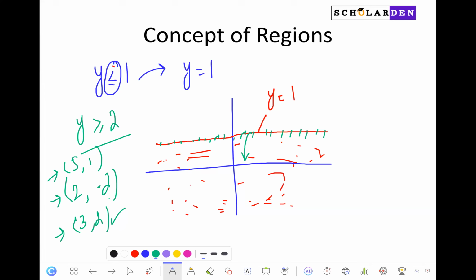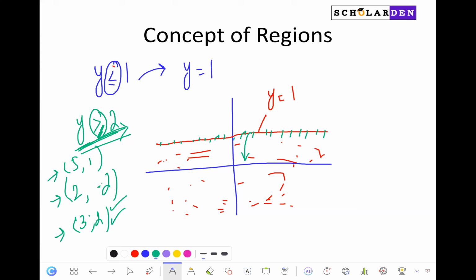Why? Because this has a y coordinate of -2, strictly less than 2. This has a y coordinate of 1, again less than 2. And this has a y coordinate of 2. It is equal to 2, and our condition says that any y coordinate which is either greater than 2 or equal to 2 is valid. So this point is a valid part of the region defined by this expression.